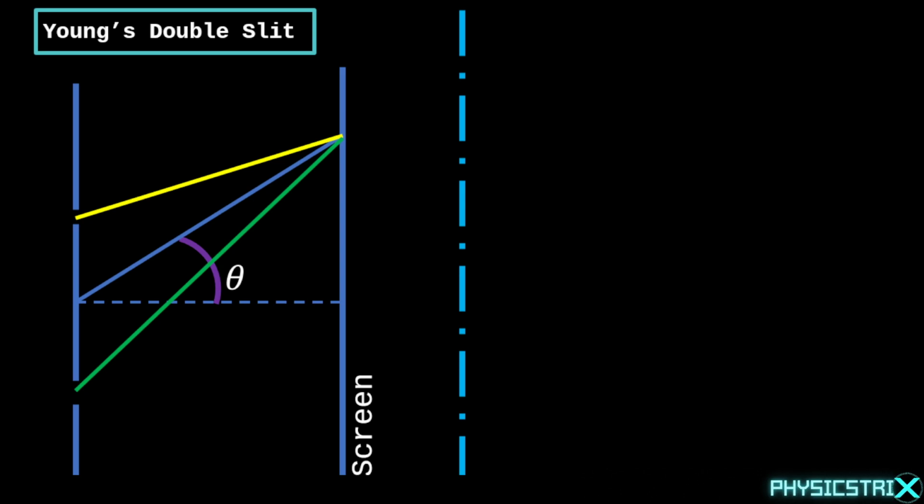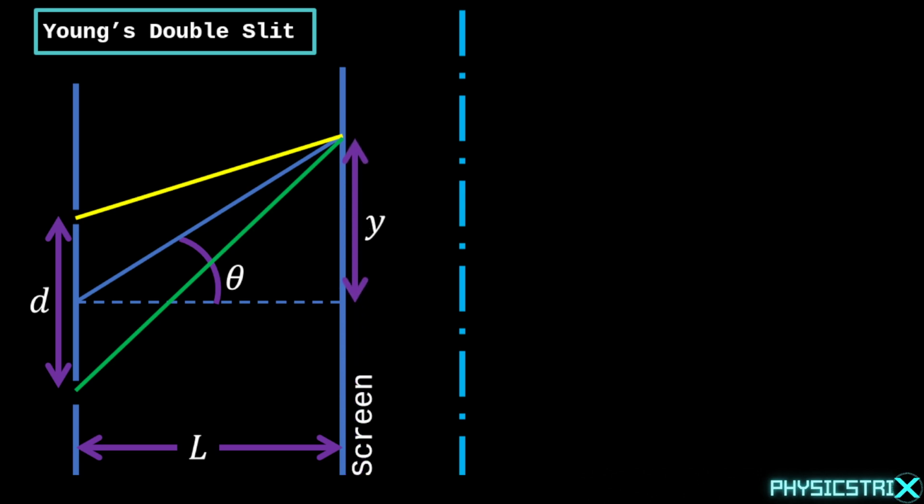Then I want to label the distance between those two slits, d. I also want to label the distance from those slits to the screen. And of course I label this as L, not D, because that gets very confusing. And then last but not least, I want to connect the point where the horizontal line touches the screen and the point that we chose on the screen, and we'll call that y.